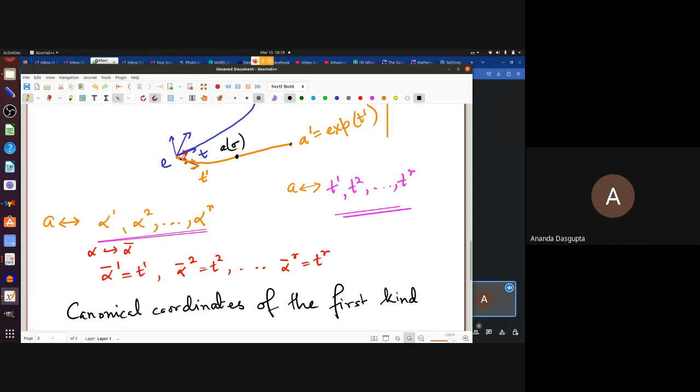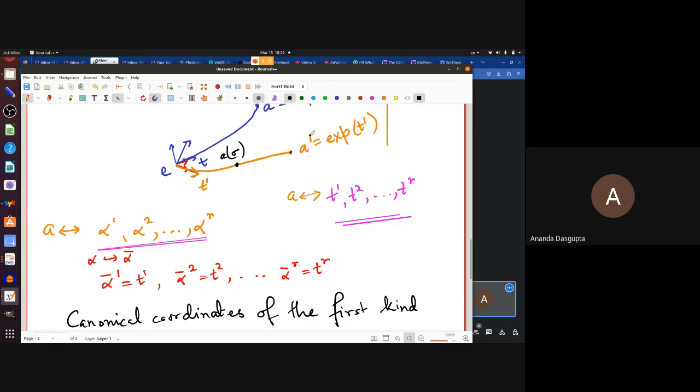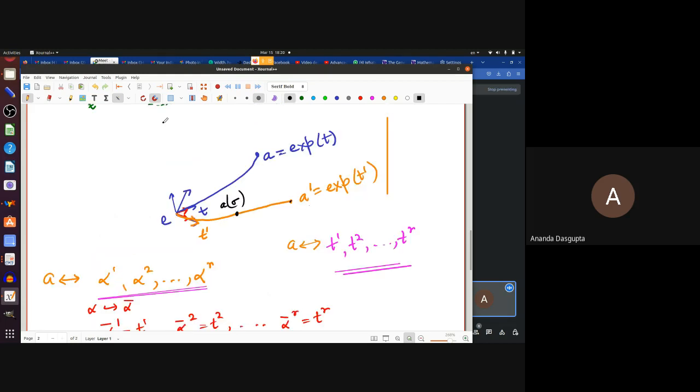So if you are talking of a particular OPS which reaches the point A, this A1 is T, meaning T1, T2, Tr.